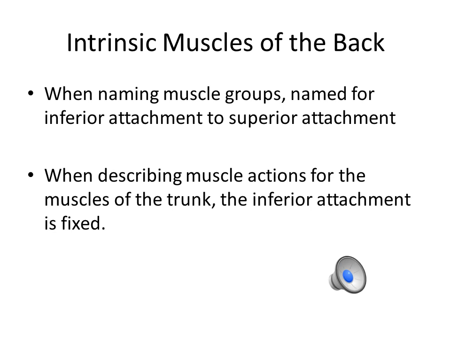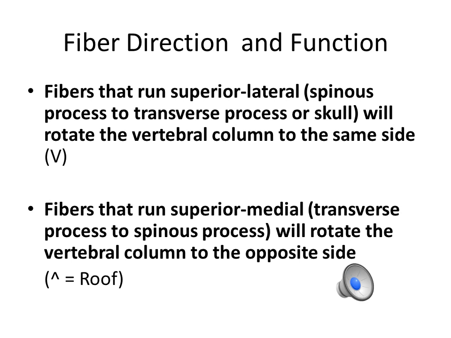When thinking about the actions of these muscles, the inferior attachment is the fixed attachment. When learning the function of the intrinsic back muscles, it's important to think about the fiber direction, as this will dictate its function. Fibers that run in a superior lateral direction will rotate the vertebral column to the same side.